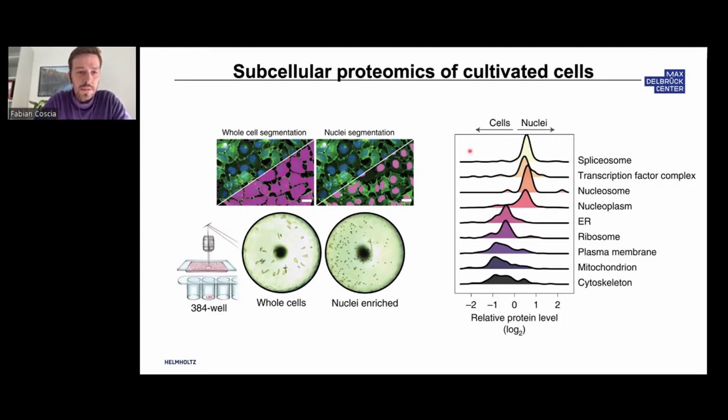These different collection modes are then reflected in our quantitative data, where we clearly see proteins related to transcriptional and nuclear processes enriched in our nuclei samples, whereas in the whole cell samples you see functions related to cytosolic pathways and so on.